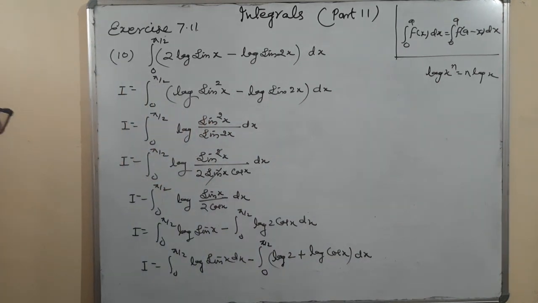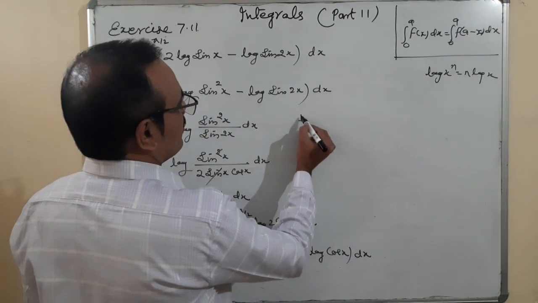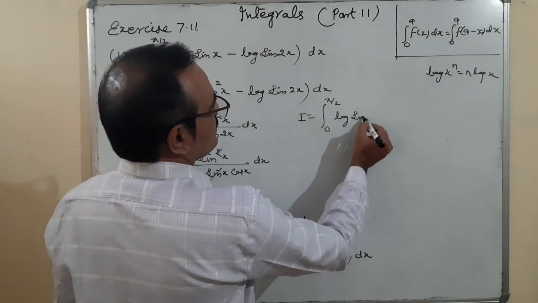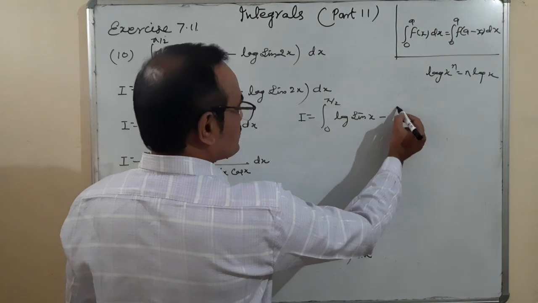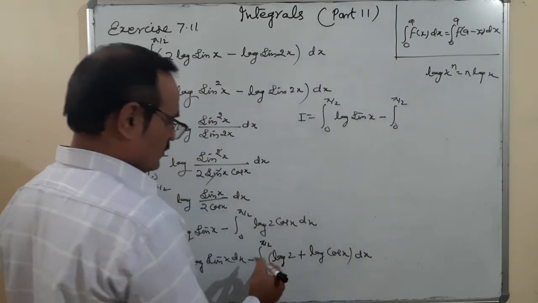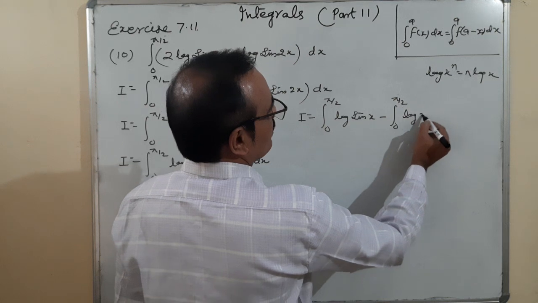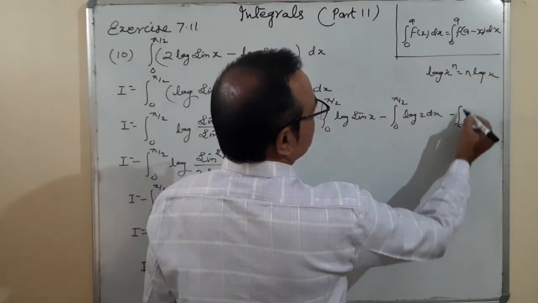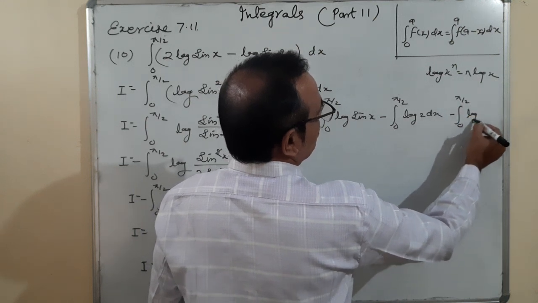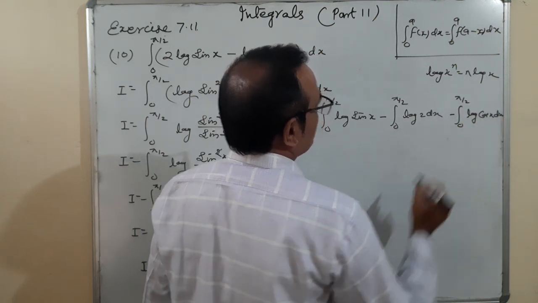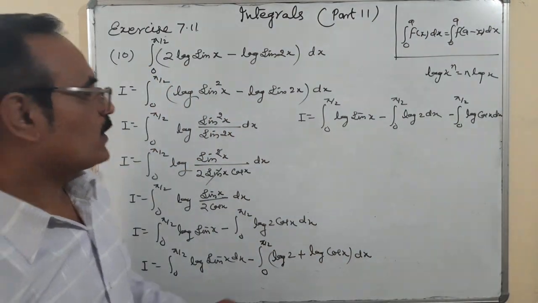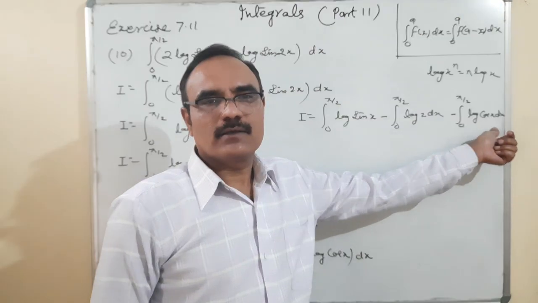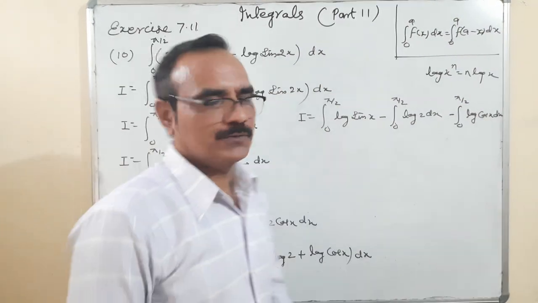Is that okay? So now the term is coming, I is equal to integral 0 to pi by 2 log sin x minus integral 0 to pi by 2 log 2 dx and minus integral 0 to pi by 2 log cos x dx. Okay, you know what happens, integral 0 to pi by 2 log sin x and integral 0 to pi by 2 log cos x, both the results are same, minus pi by 2 log 2.